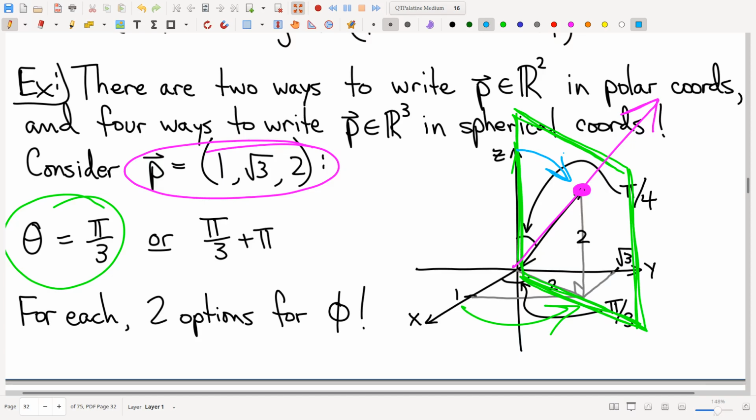Therefore, positive values of phi rotate this way, which means that negative values of phi go the other way, and I could go down like that and thus point myself in that direction.